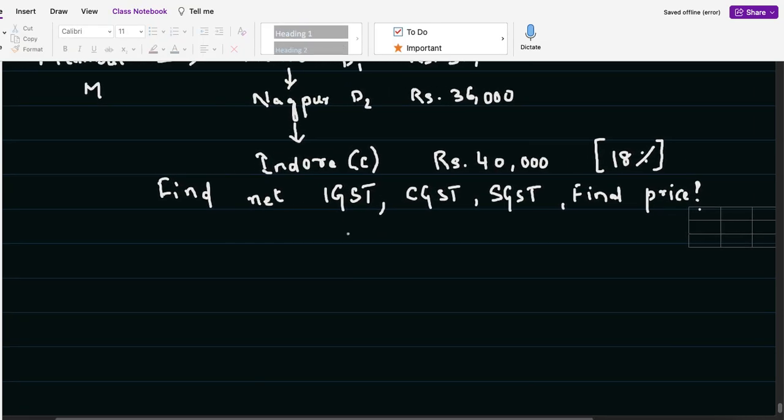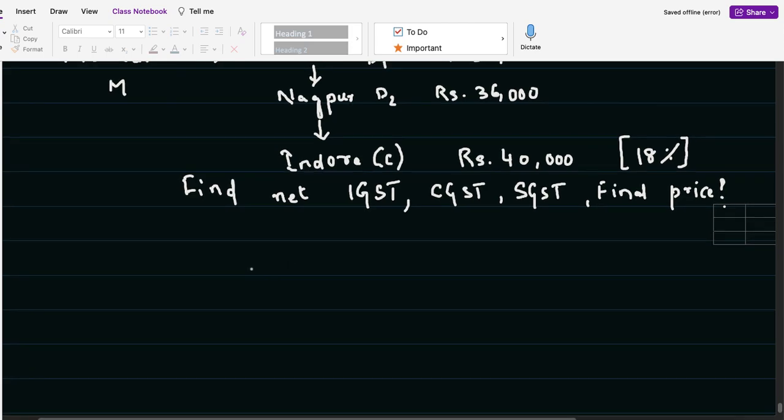Okay, this is very small. So anyways, we will do it in a table form.